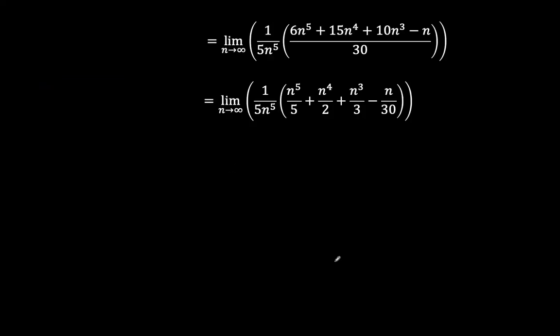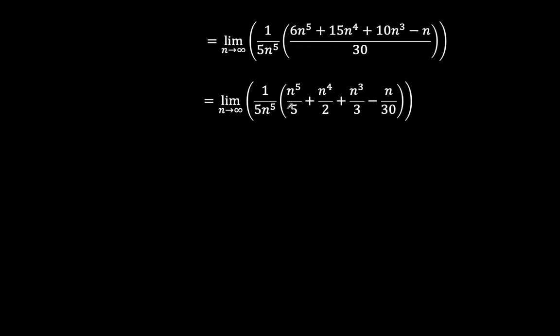And then we can separate those individual items in the numerator so that we do have 6n to the power 5 over 30, which is n to the power 5 over 5. And then 15n to the power 4 over 30 is n to the power 4 over 2. And then 10n cubed over 30 is n cubed over 3. And then minus n over 30.